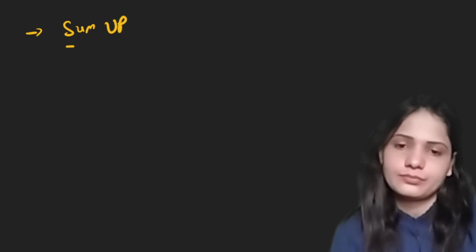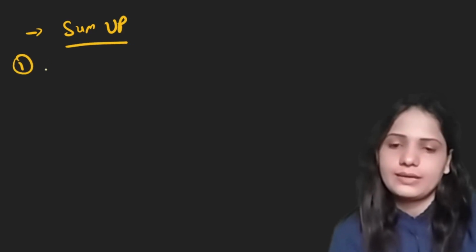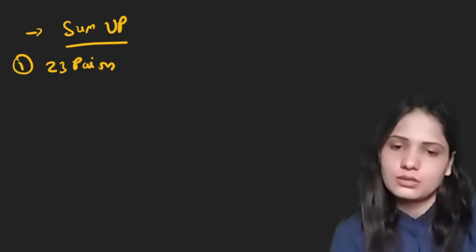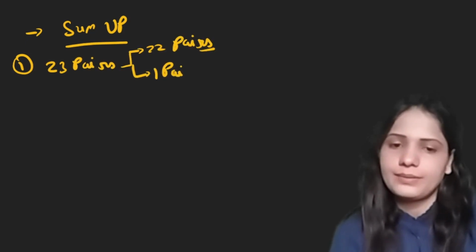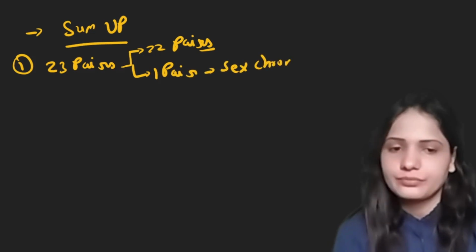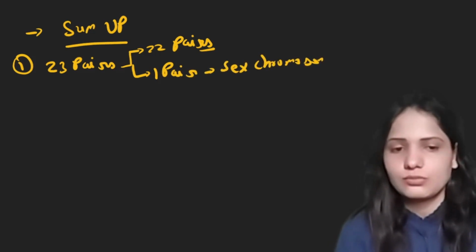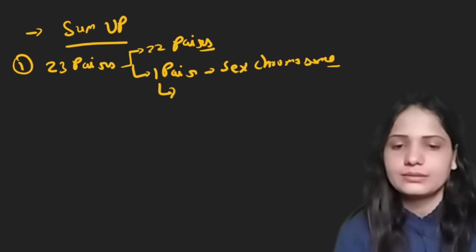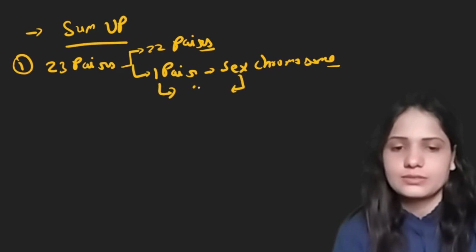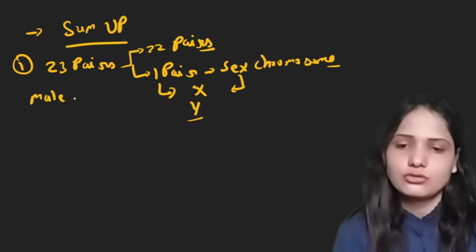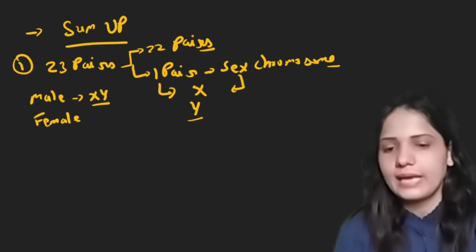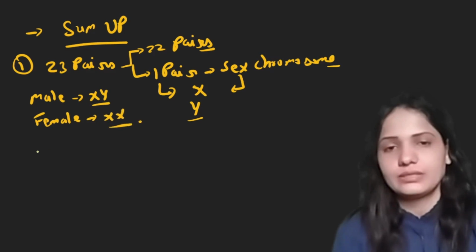To sum up, we have discussed that we have 23 pairs of chromosomes, 22 pairs of autosomes, and one pair is sex chromosome. This one pair of sex chromosomes is of two types, X type and Y type. In case of male we have XY configuration, and in case of female we have XX type configuration.